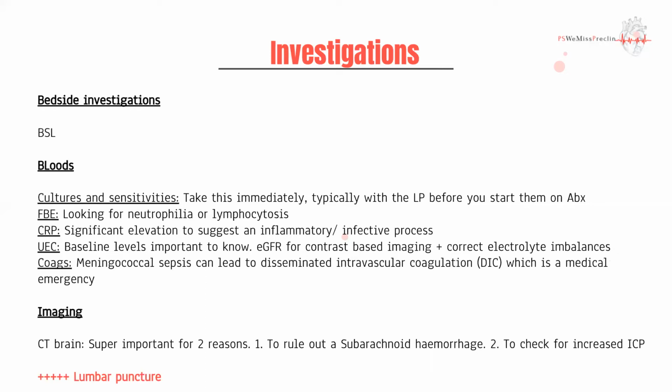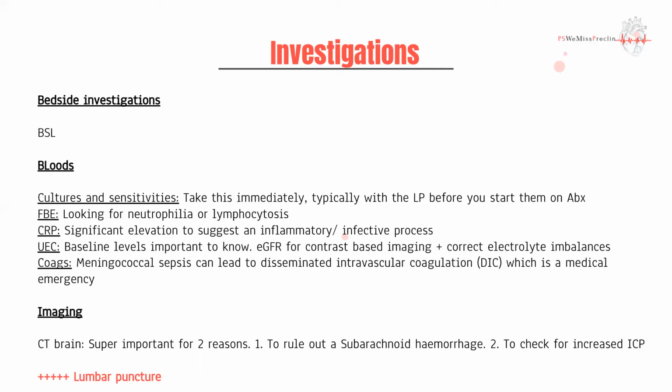In terms of UECs, you want to know baseline levels. You want to know their eGFR because you cannot perform contrast-based imaging on any person with an eGFR less than 30. And they might also have an electrolyte imbalance because of either the sepsis, intravascular coagulation, or they just might have an underlying electrolyte disturbance.